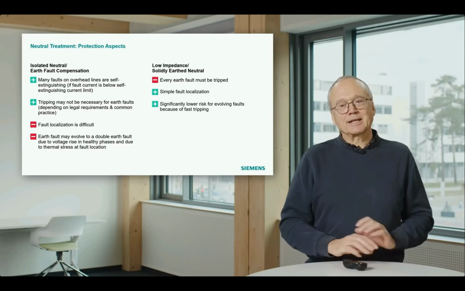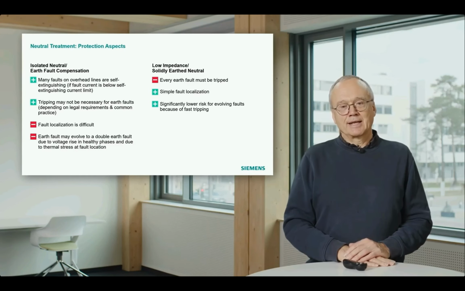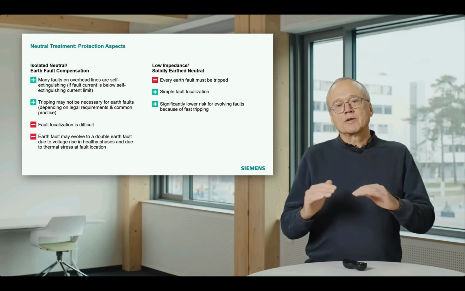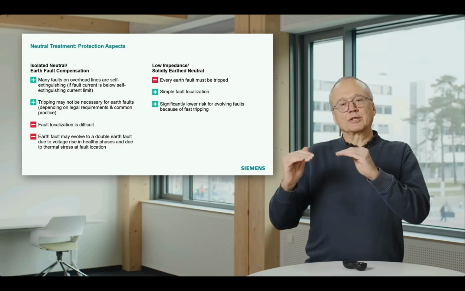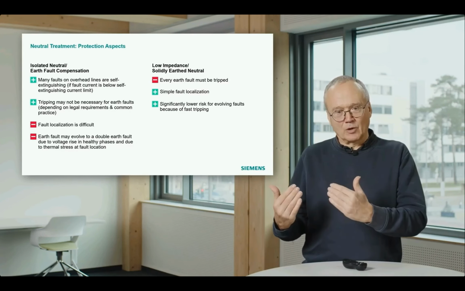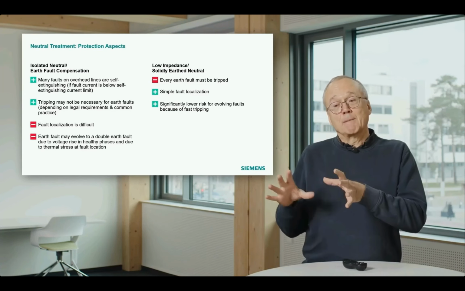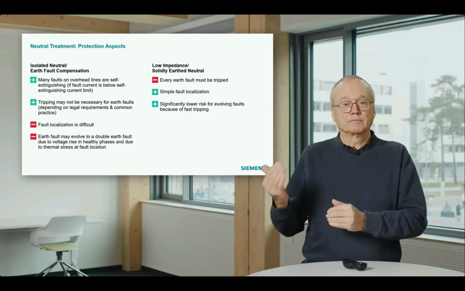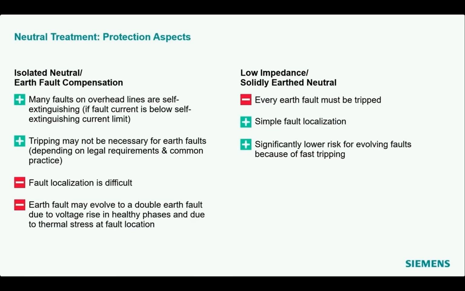The chance that that happens in systems with solid earthing or low impedance earthing is very low. You may have a voltage increase in the healthy phase if you have resistive, low impedance grounding. But as you trip the fault anyhow after a short delay time, the chance that it evolves into a cross-country fault is much lower.